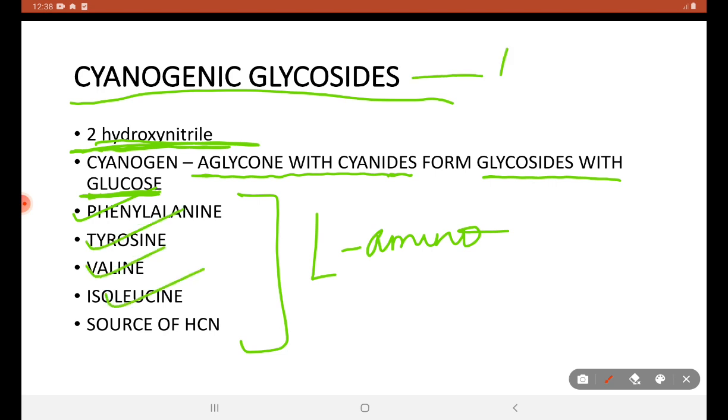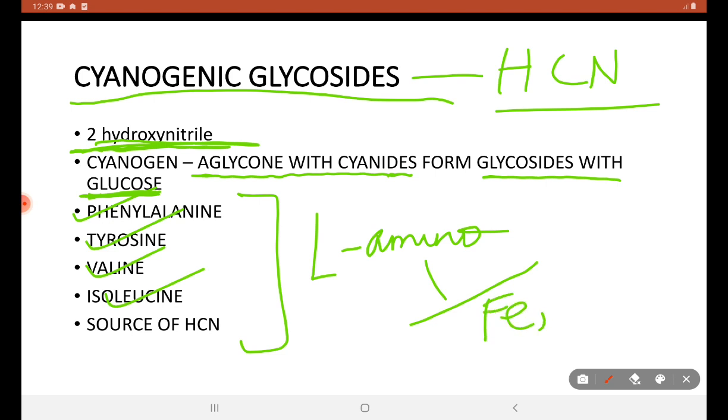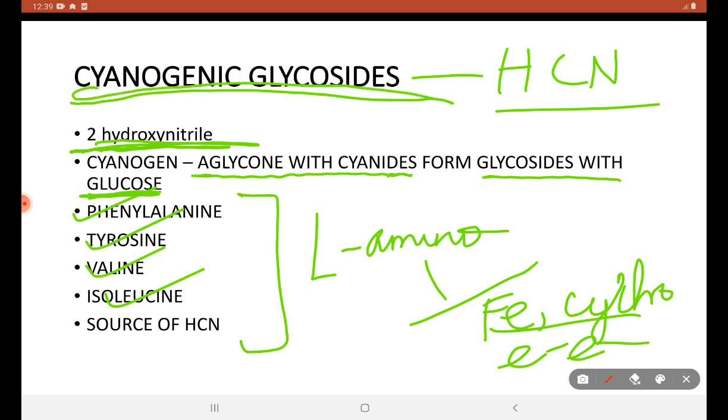It is a natural source of hydrogen cyanide. The breakdown of cyanogenic glycosides releases HCN. It inhibits the activity of iron and cytochrome oxidase in the electron transport chain. The cyanogenic glycosides inhibit iron and cytochrome oxidase.